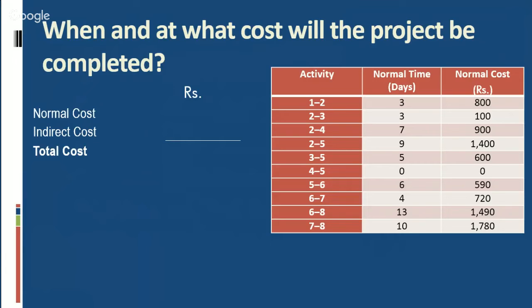In this project, our normal cost is the sum of all these costs: 800 plus 100 plus 900 plus 1400 plus 600 plus 0 plus 590 plus 720 plus 1490 plus 1780, which is 8380.